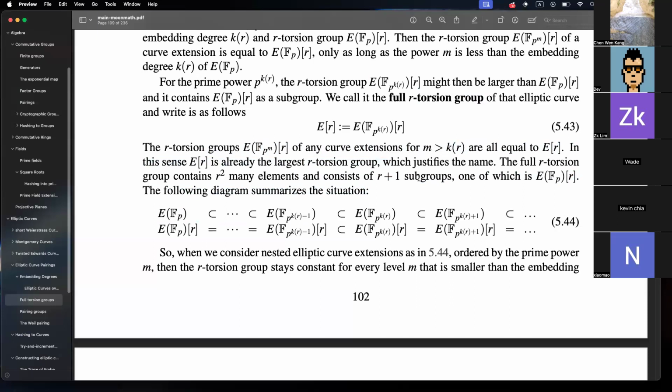Does that help? That contains all the possible points. Not full subgroup. All the possible points in this.